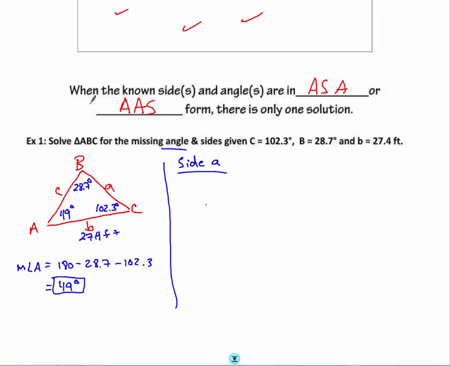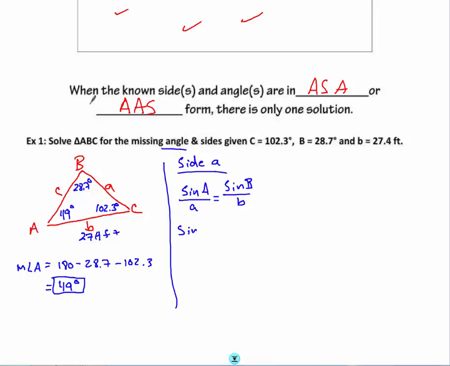To find side a, we're obviously going to use sine A over a because that's the one that has side a in it. And we're going to set it equal to either sine C over c or sine B over b. But since B is the one where we know both the angle and the side, we're going to use sine B over b.